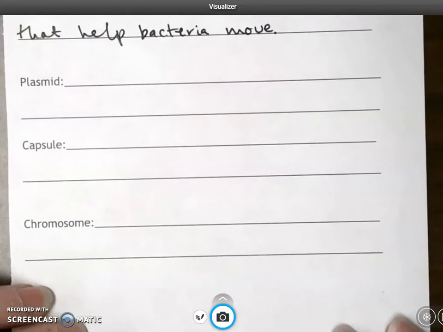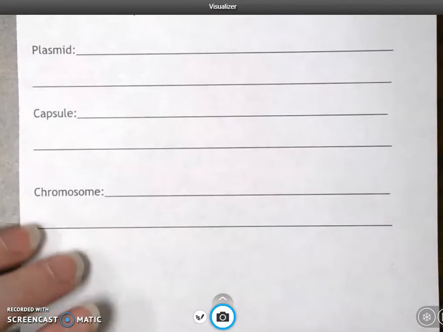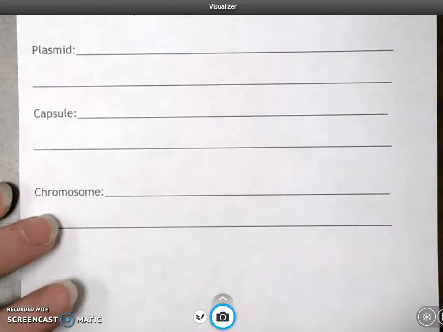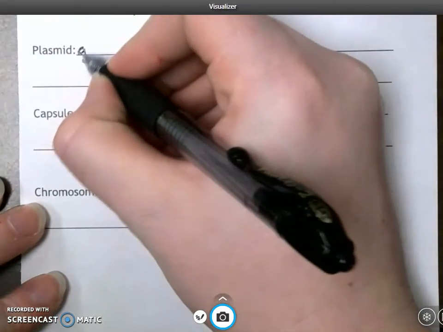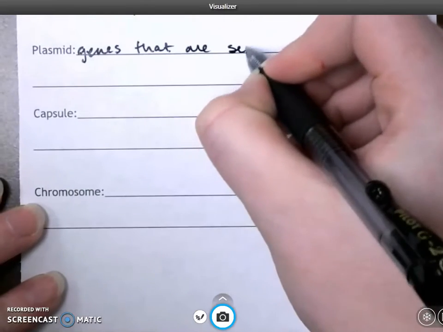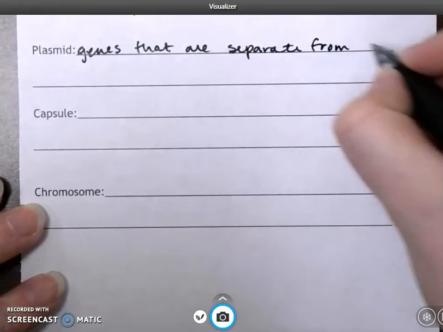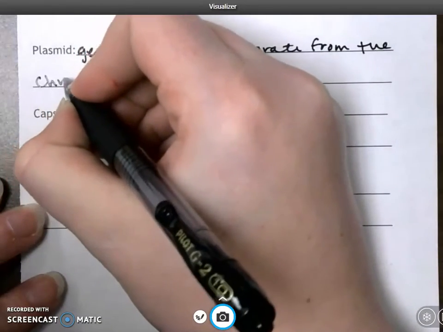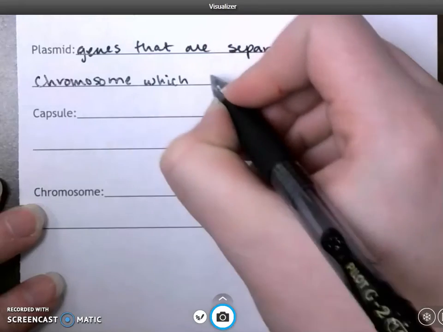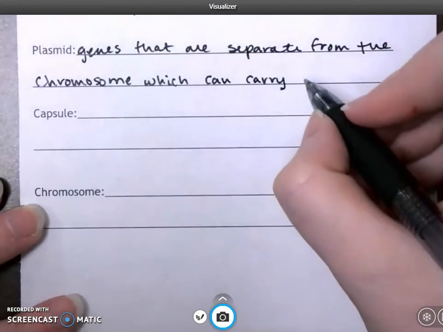Our next structure is the plasmid. Okay, this is where these little bits of extra DNA come from. They're plasmids. They are genes that are separate from the chromosome, which can carry antibiotic-resistant genes.